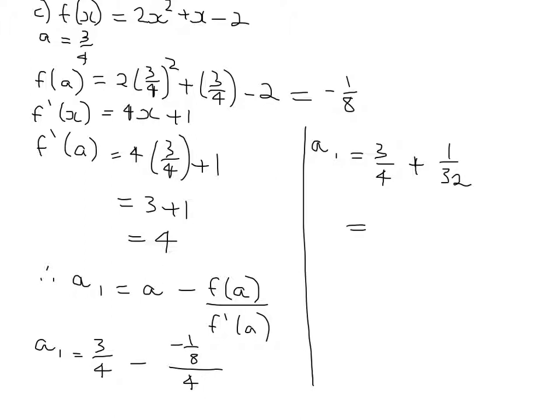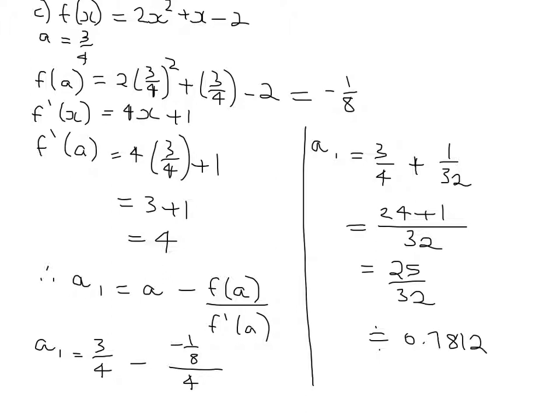So the new approximation to our root, if I take a common denominator or put it on your calculator, that's 24 plus 1, so 25 on 32. 25 on 32 is approximately equal to 0.78125. Our first approximation was 3/4, 0.75. So we're getting really quite close to the root. But the question only asks us to do it once.